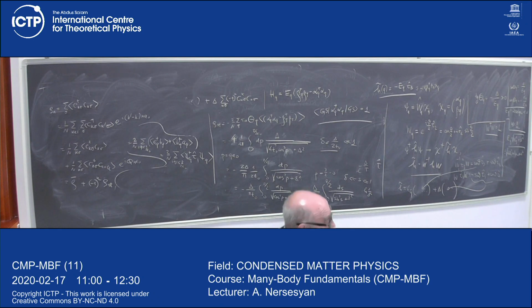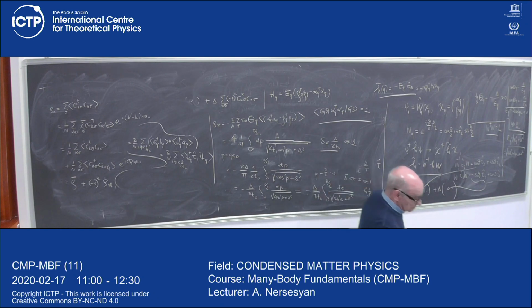Now, the logarithm is a funny function. The logarithm is a very serious function when its argument is very small. Then the logarithm is negative and huge and varies very rapidly. But if the argument is large, the logarithm is a very nice function.